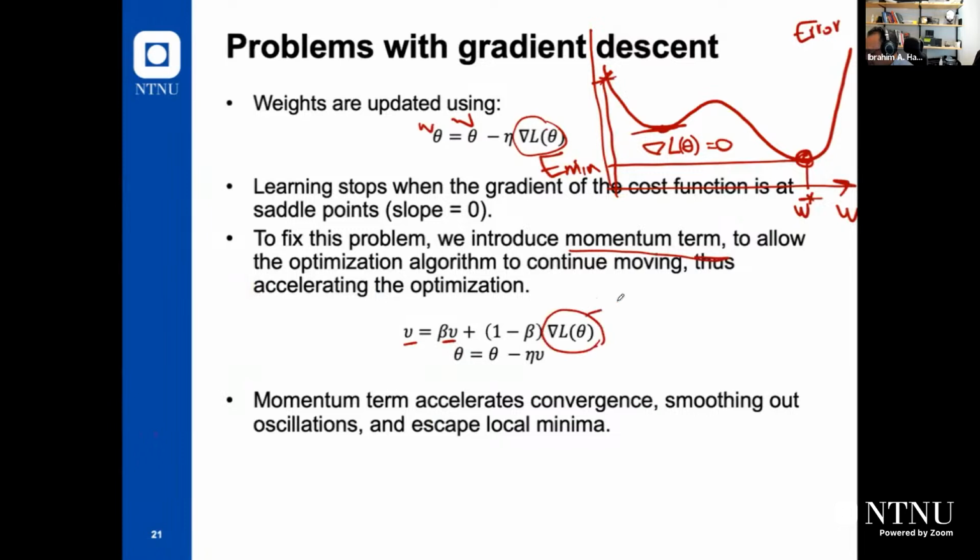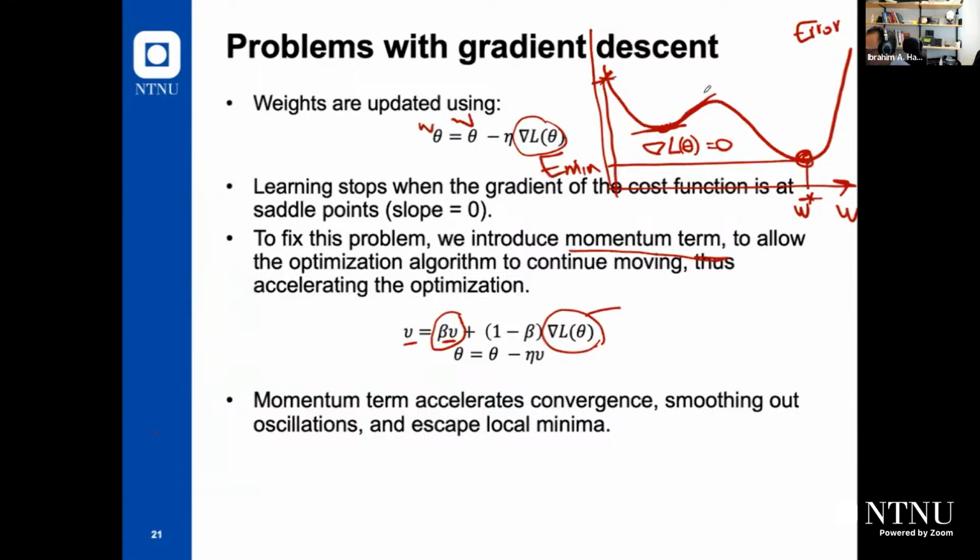So if the gradient is 0 at some point, you will have this value which will help you to push forward. Because if we are here at the saddle point, this gradient will be 0 anyway. So in this case, instead of having delta omega equals 0, where you will stay stuck here, you will have this last speed, its coefficient multiplied by the last speed, and this value, in fact, will help push you out from this trap.